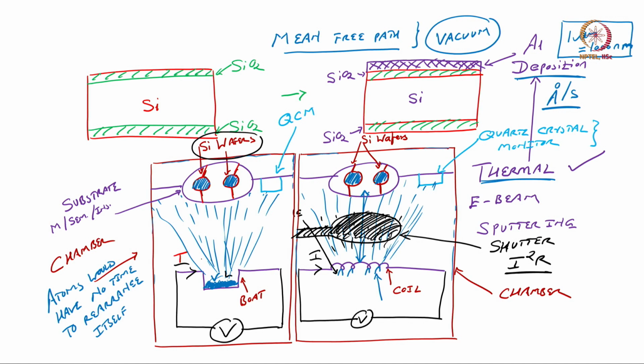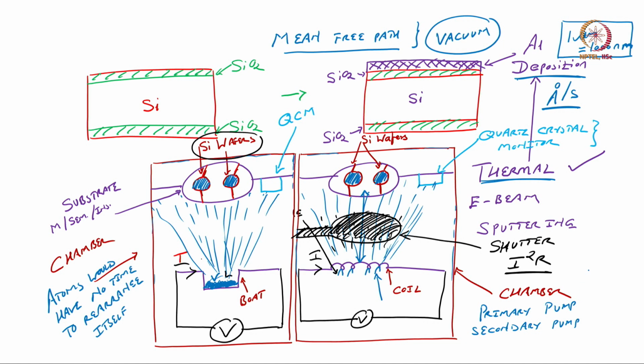Now, vacuum can be created using vacuum pumps. So, we require vacuum pumps. There are two pumps that are used in thermal evaporation. I will write down here: primary pump and secondary pump.